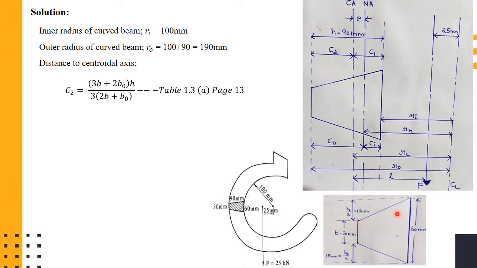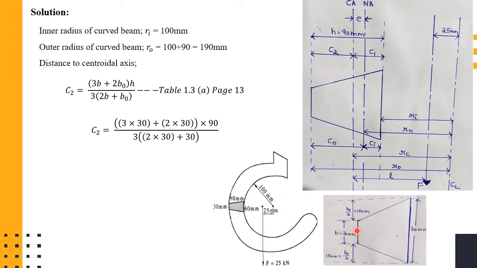So with the small side as 30 mm I have considered, and the larger side is 60 mm. So this is the formula we have to write. H you already know, which is 90 mm, and you can see there are two terms, that is B and B0. Refer to the figure which is given in table 1.3a.